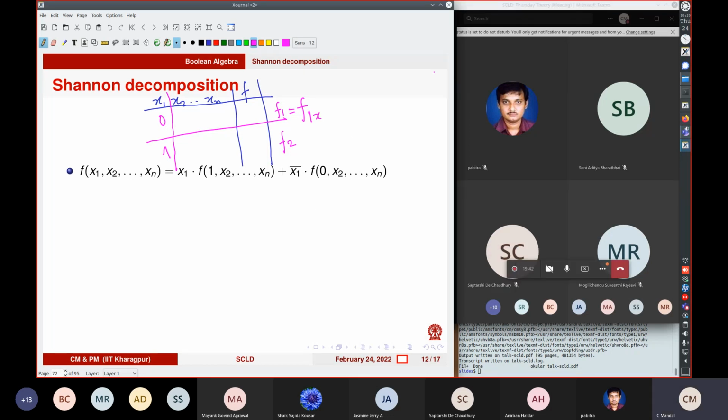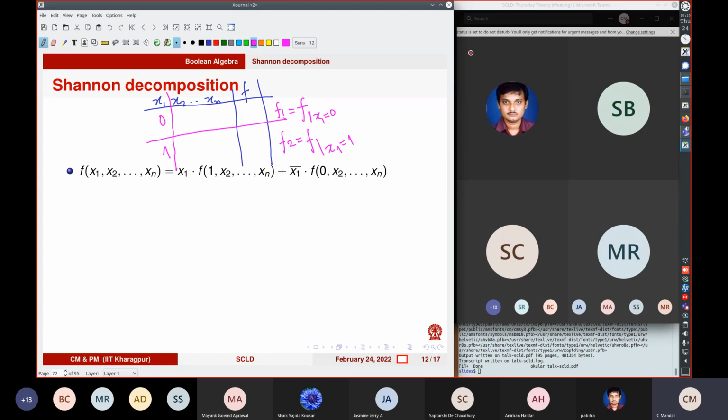This you can think of as f1 such that x1 is equal to 0, and f2 is f with x1 equal to 1.